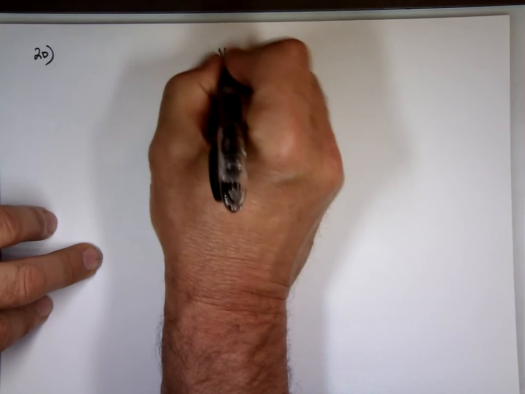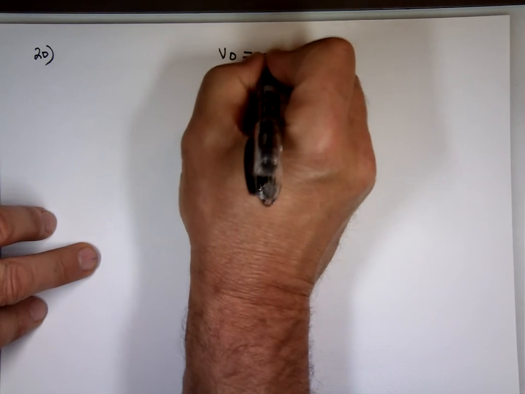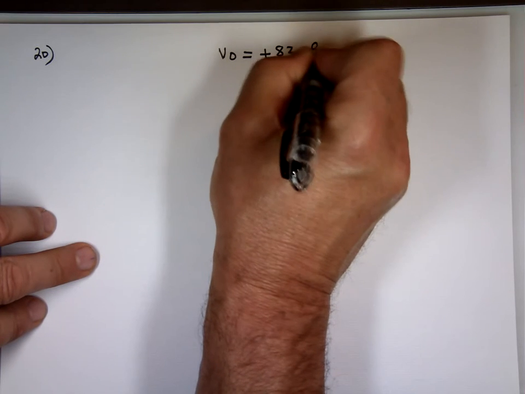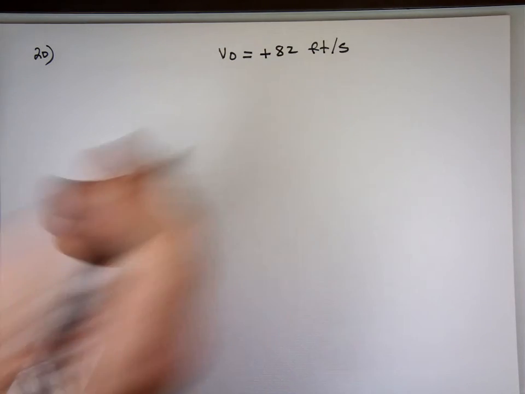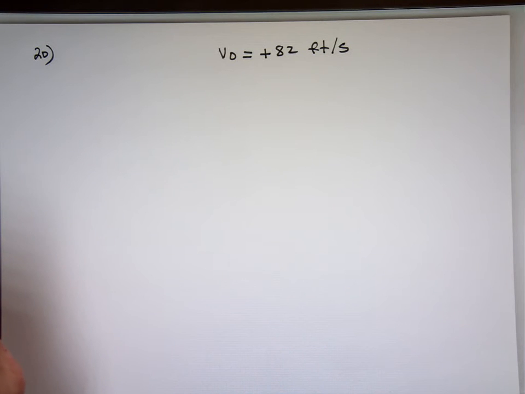That means initial velocity is positive, from the surface of the Earth with initial velocity V0 of positive 82 meters per second. Do we know what the initial height was? Use the position function below for a free-fall object. What is the velocity at 2 seconds and at 10 seconds?